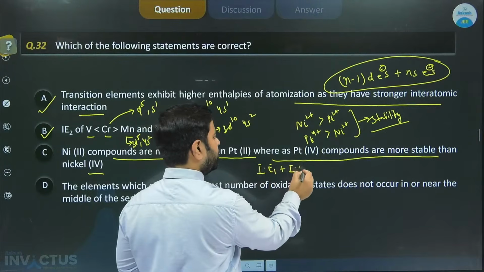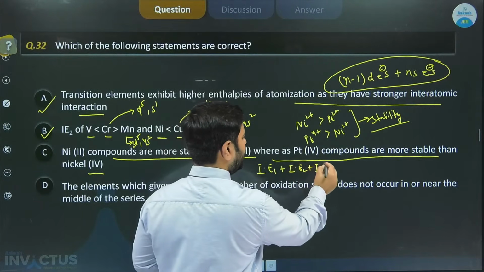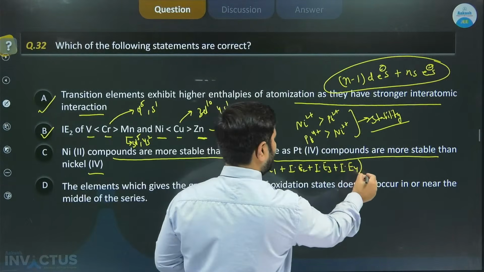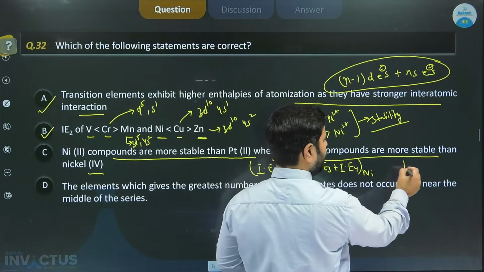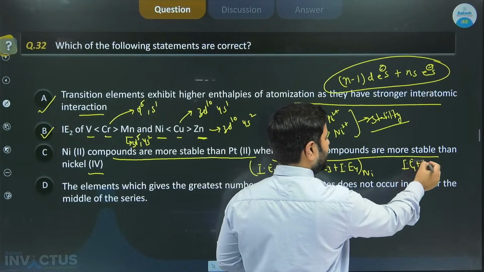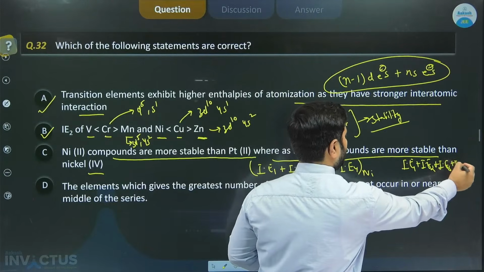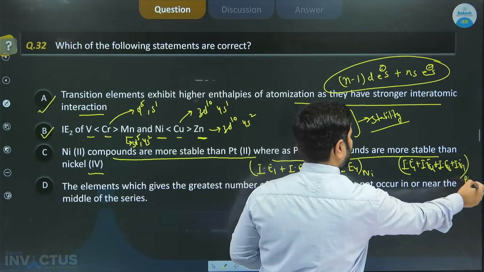plus I2 plus I3 plus I4 of nickel and I1 plus I2 plus I3 plus I4 of platinum.